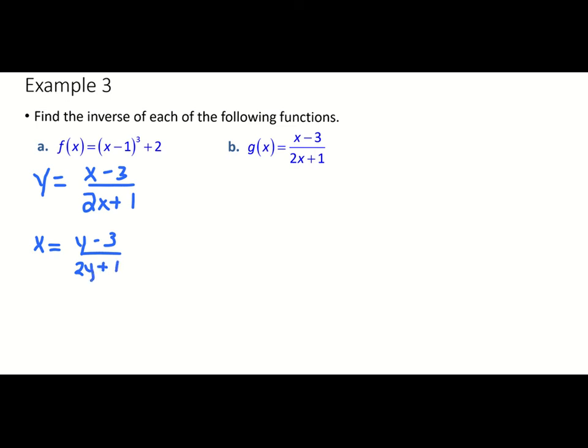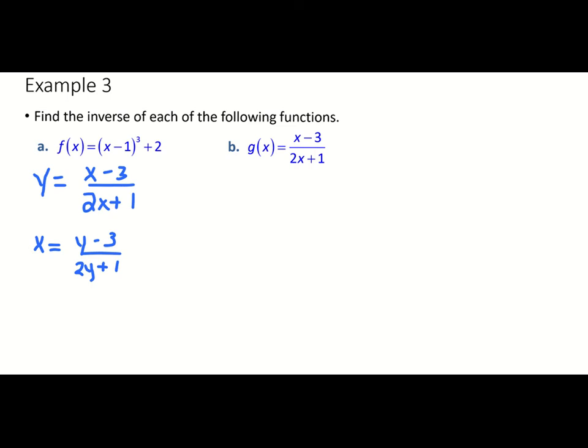And now we have to solve for y. This one's a little involved because we have y on the top and the bottom of our fraction. So really, I know you guys don't like fractions. The first thing you want to do is get rid of that fraction.